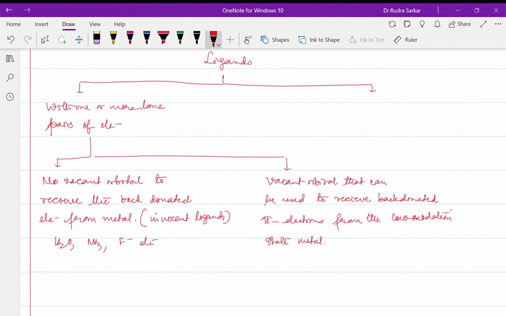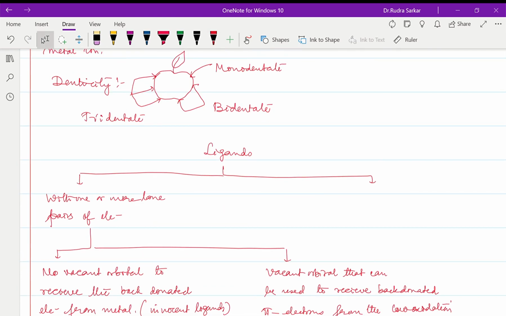Such as what? PR3, CN minus, CO, etc. They can have lone pairs or they cannot have lone pairs. Okay, so another one can be without lone pairs.